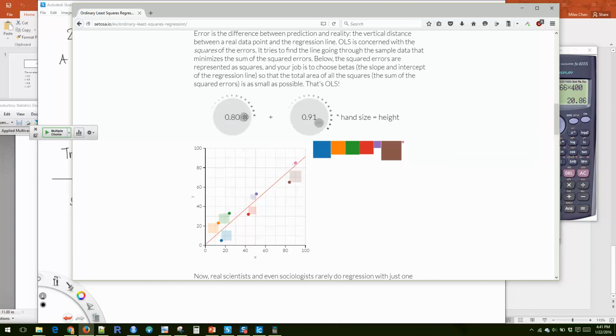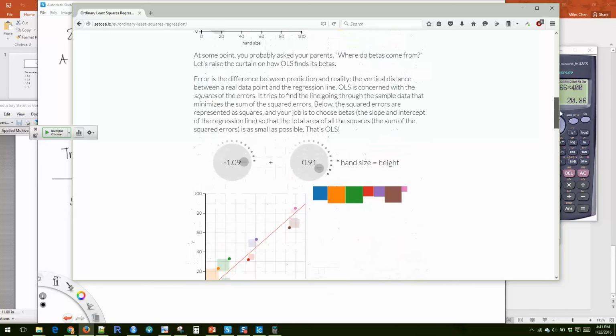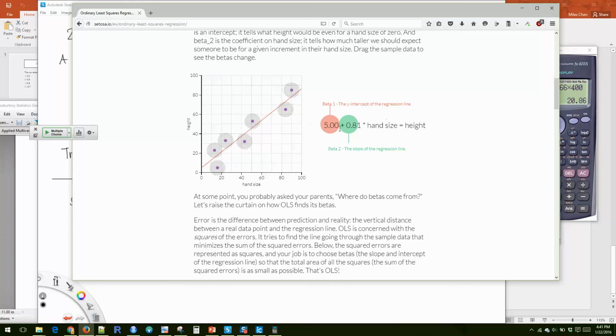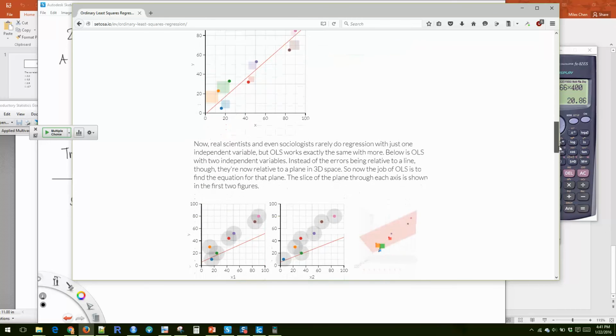So by moving the trend line around, we can change how much error there is between each individual dot and where the trend line says it should be. Okay, and so the one that fits the best is going to have an intercept of 5 and a slope of 0.81.